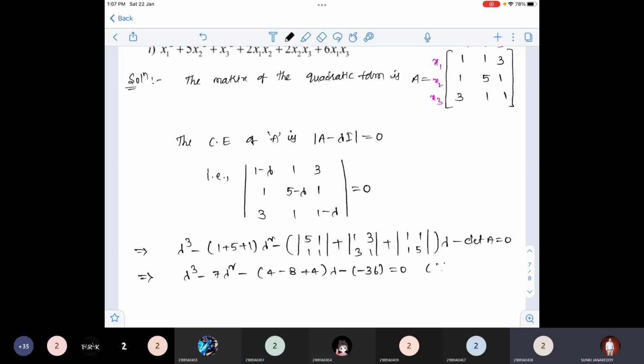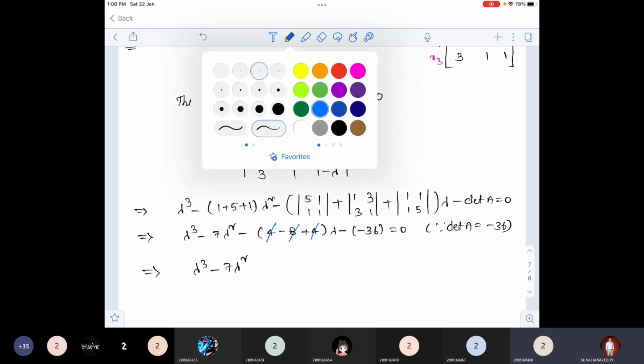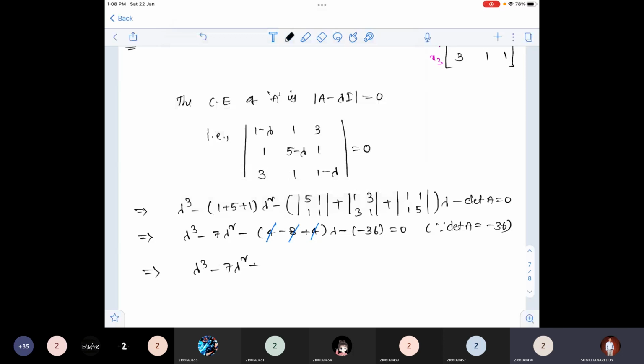That one is equal to 0. Then delta is equal to minus 36, I am writing here. Now that implies lambda cube minus 7 lambda square, here it is 0, then plus 36, that one is equal to 0.